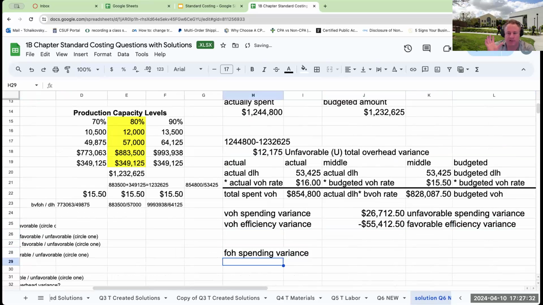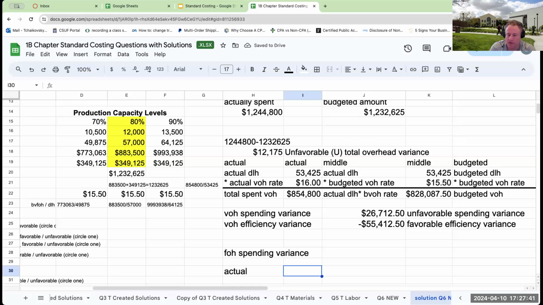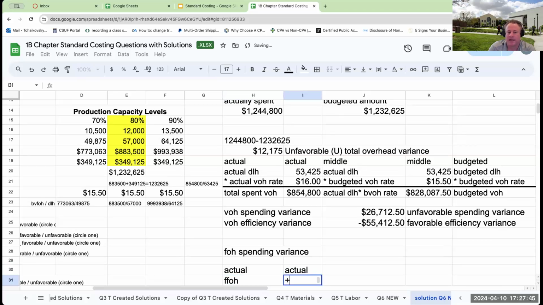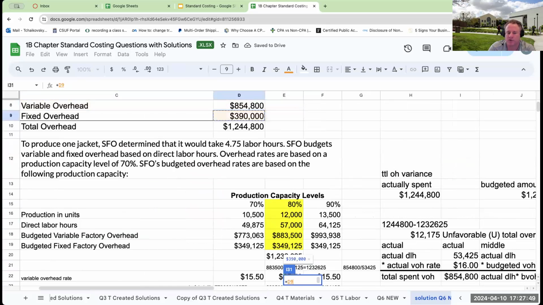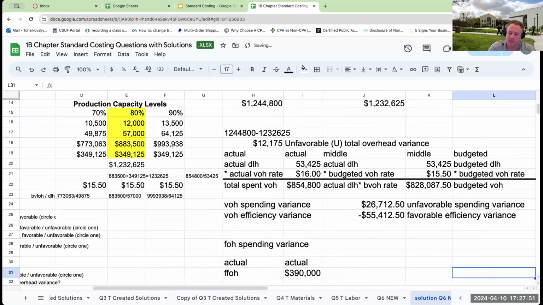To do this, it's very simple. I'm going to say, what was the actual amount spent on my fixed factory overhead? The actual amount I spent on my fixed factory overhead was 390,000.